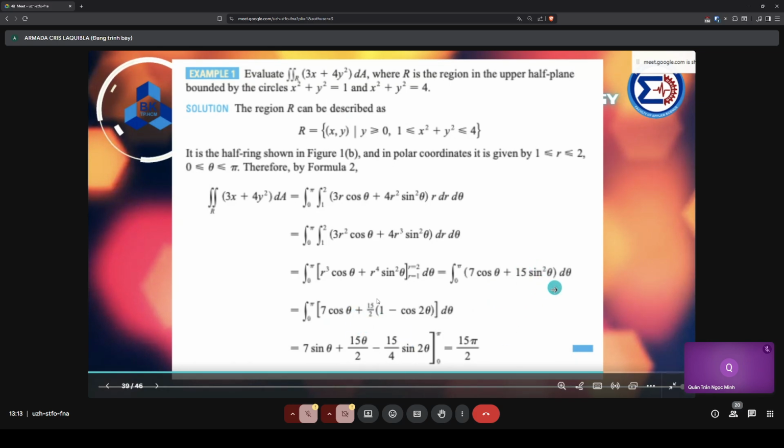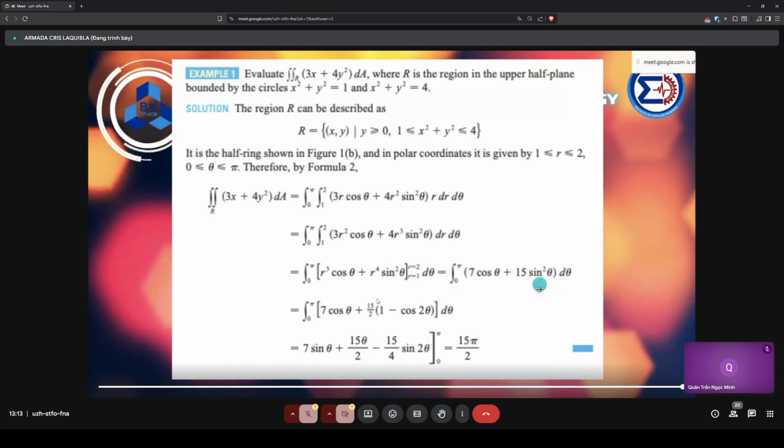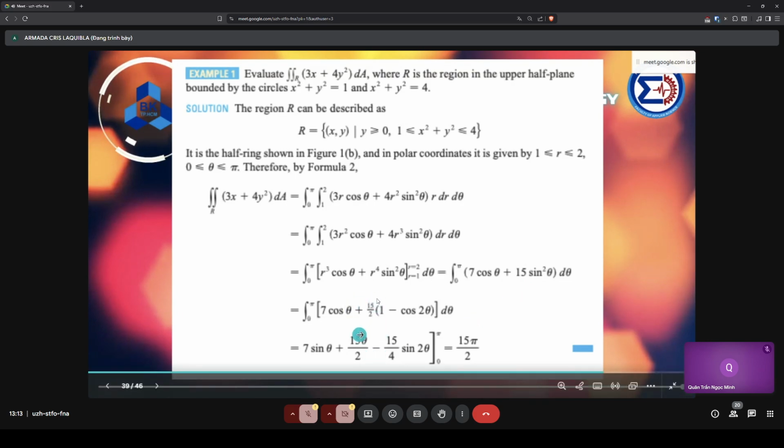By the way, your sine squared theta, we have an equivalent of this. It's equivalent to 1 half, and then times 1 minus cos 2 theta. So that is why it's like this here now, 15 over 2, and then times 1 minus cos 2 theta, because it's easier for us to get the integral of this.